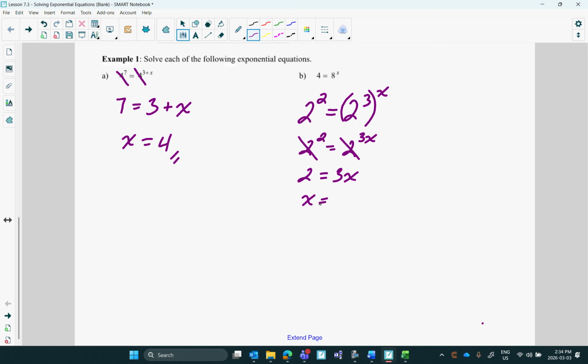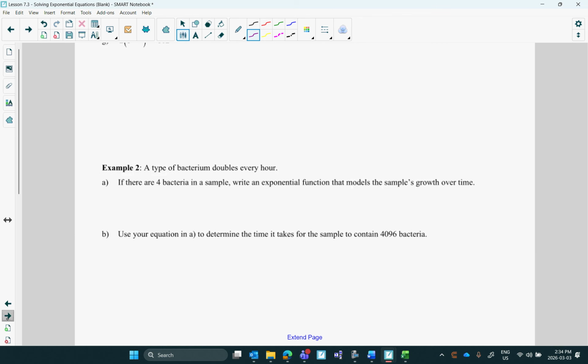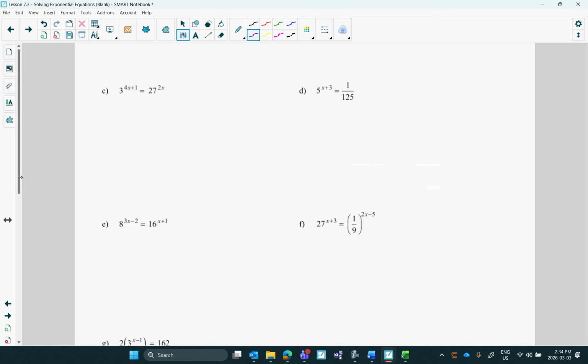X equals 2/3. So these would be more the type of questions that you would see, where you have to change one or more of the bases.